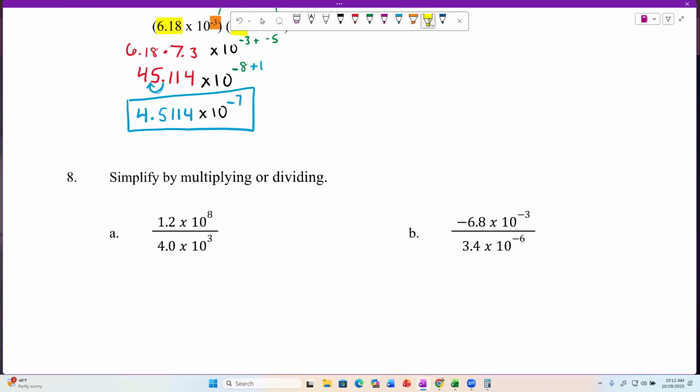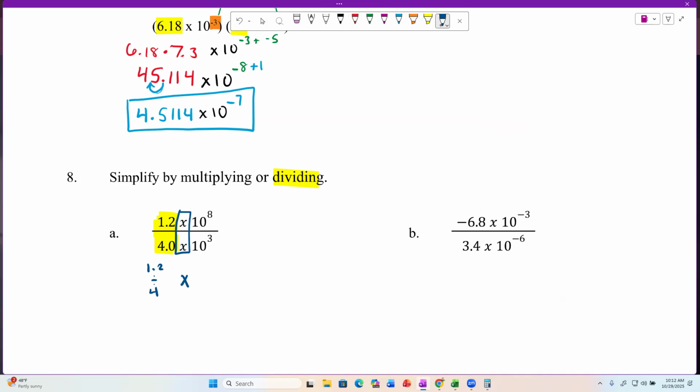Okay, for number 8, we're dividing both of these. It's just broken up into an A and a B. So very similar to the multiplication, we're going to divide the numbers that are in the like parts. So we're going to take the 1.2 and divide it by 4.